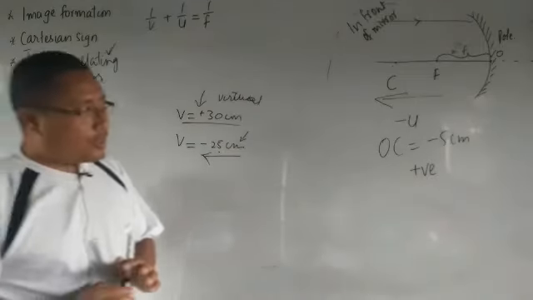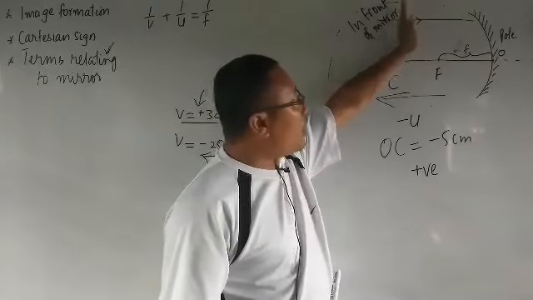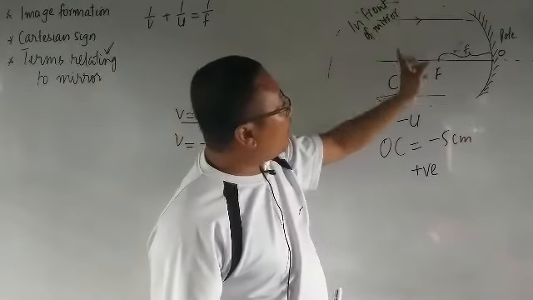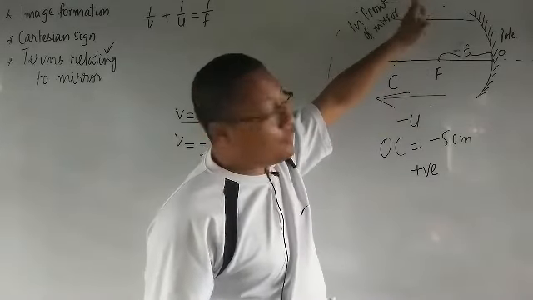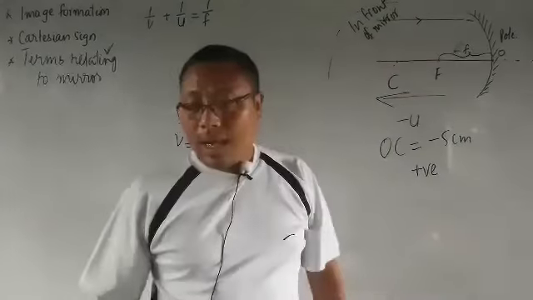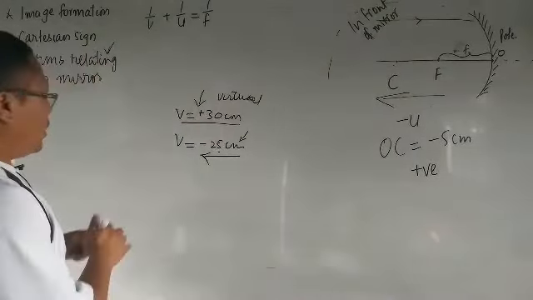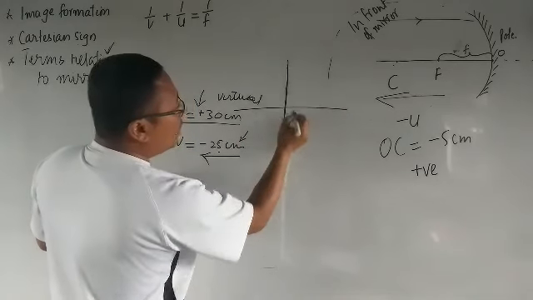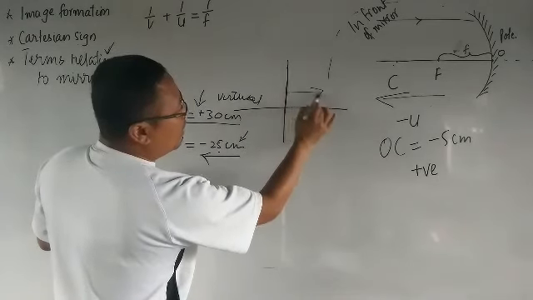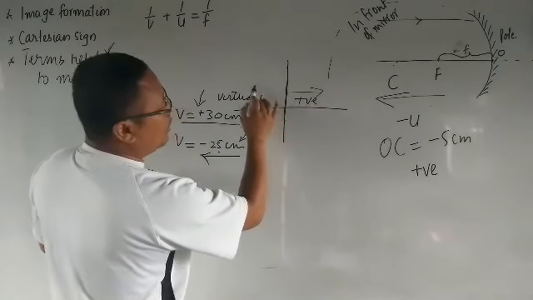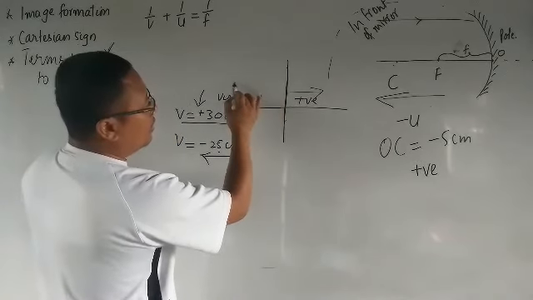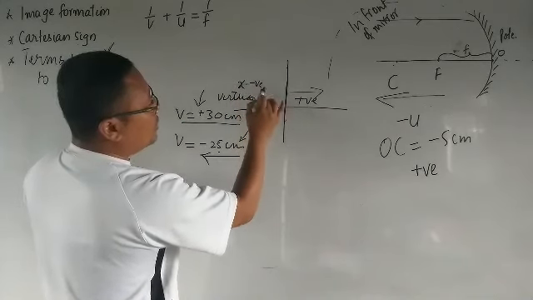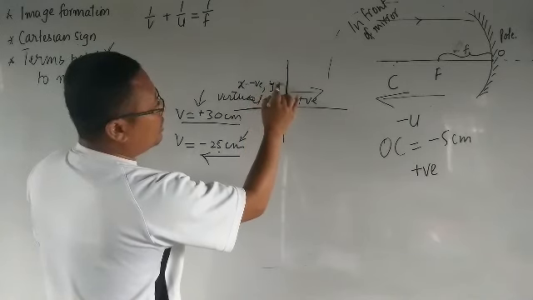And one more thing about the Cartesian sign is that measurements above the principal axis, when you're measuring vertically and it goes up, should be positive. If it goes down, it should be negative. That's very similar to the quadrants that you have. So all the values on this side are plus. Here they're all plus. On this side, the x is minus and y is plus, positive.